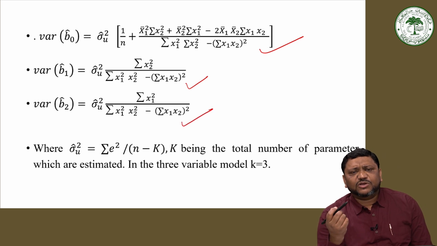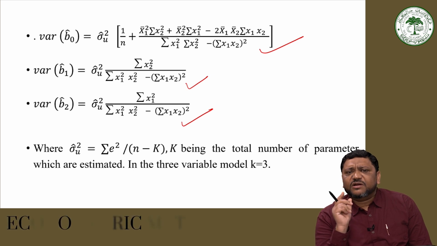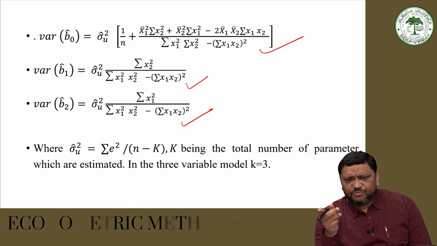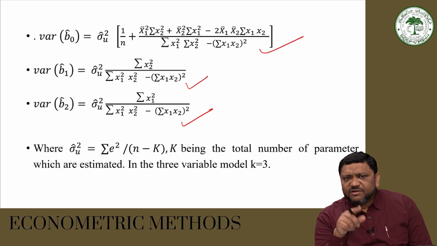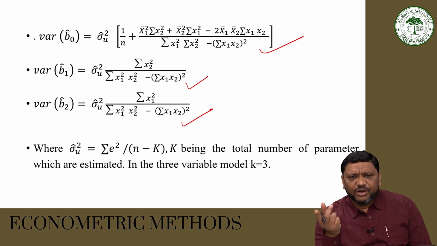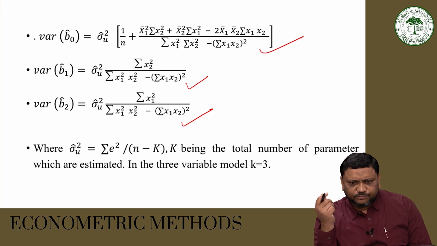We are assuming that there are only two independent variables. Now herein the expected value of beta naught hat is equal to beta naught, expected value of beta 1 hat is equal to beta 1 and expected value of beta 2 hat is equal to beta 2.